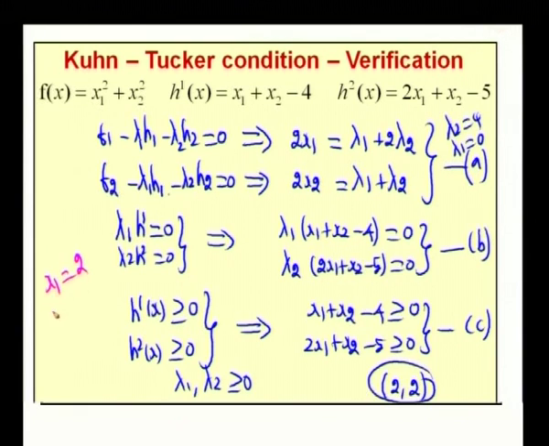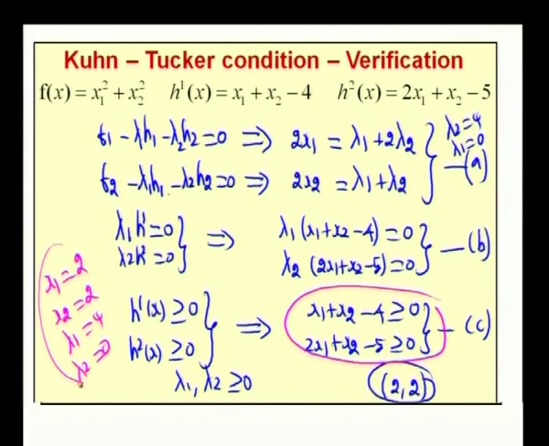So, with x1 equal to 2 and x2 equal to 2 and lambda 1 equal to 4 and lambda 2 equal to 0, equation C is satisfied. By substituting x1 equal to 2, x2 equal to 2, 4 minus 4 equals 0, which is greater than or equal to 0, and as far as the second equation is concerned, 4 plus 2 is 6, minus 5 is 1, greater than or equal to 0.